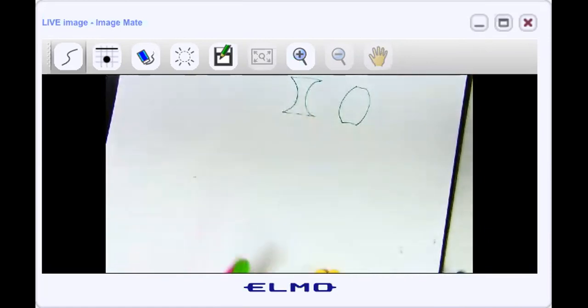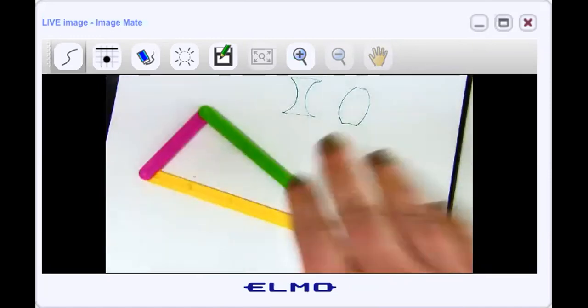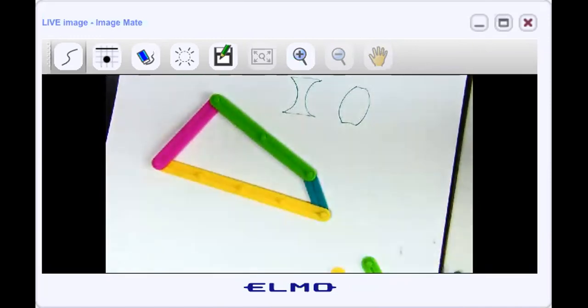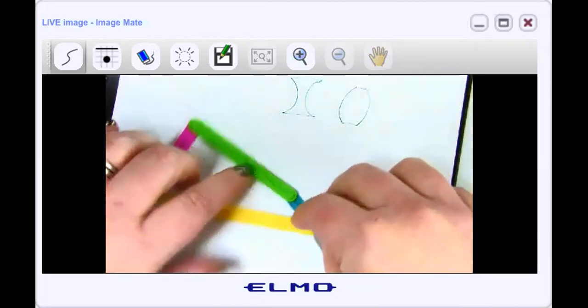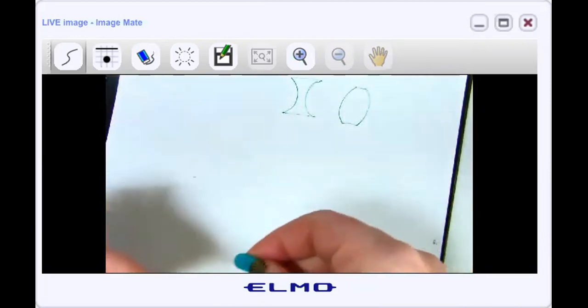Other shapes, you could just have random quadrilaterals too, right? They don't have to have any sort of special things going on. So let me just show you. Here's just a random quadrilateral, right? Nothing special about it. I didn't really pick good sides.